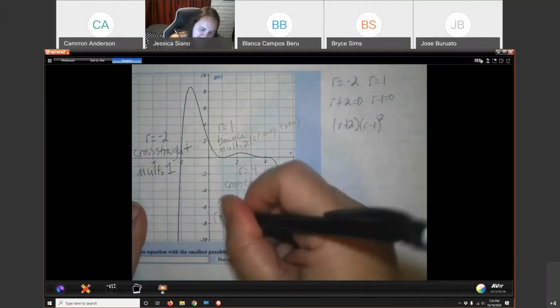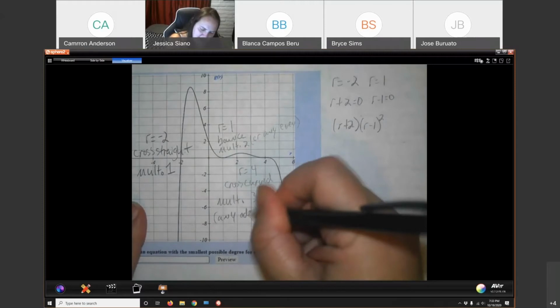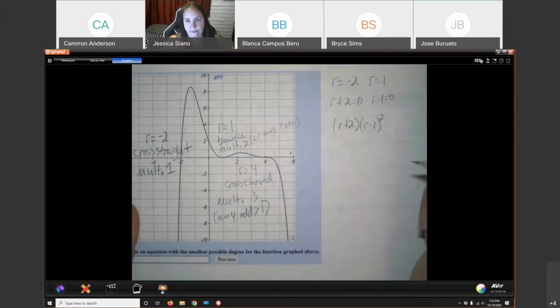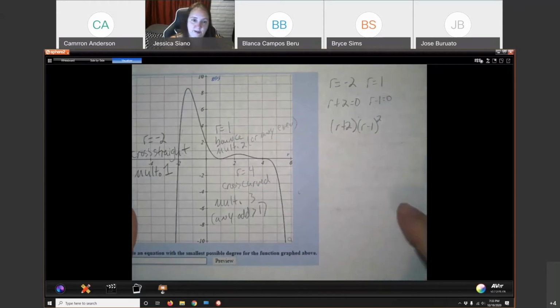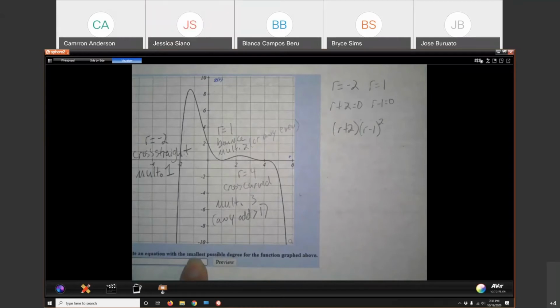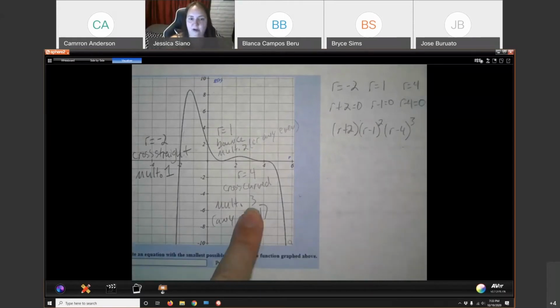Really, it could be any odd that is greater than 1. But again, 3 is the smallest odd greater than 1, so that's what I'm going to go with here since they're asking me for smallest. Factor, and that is to the third power.